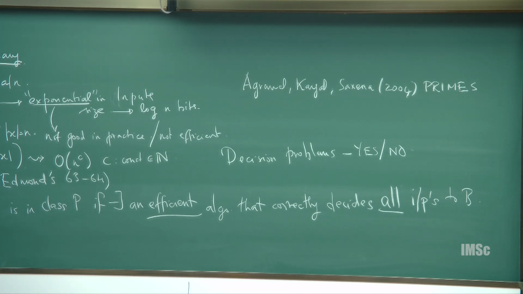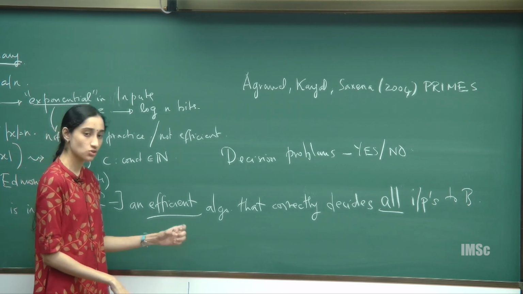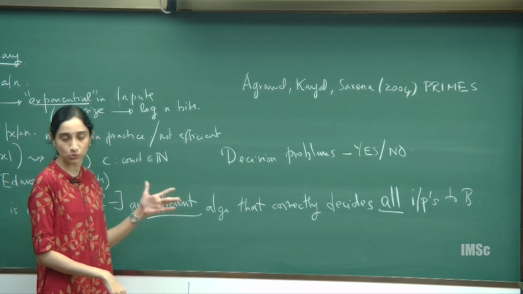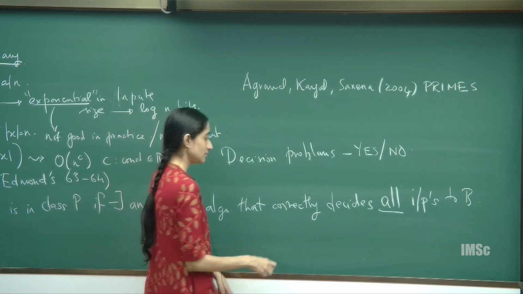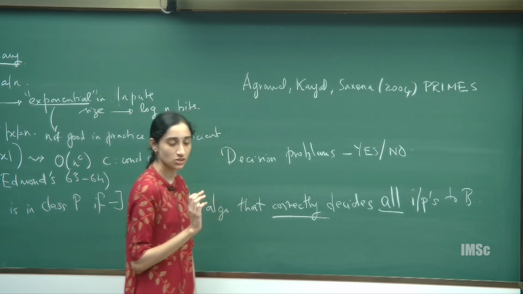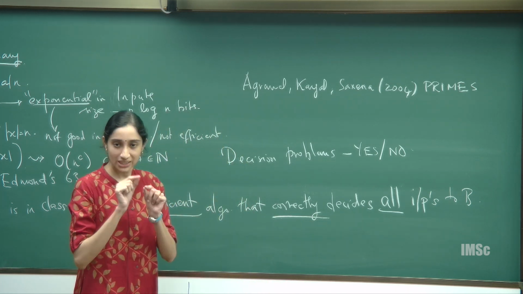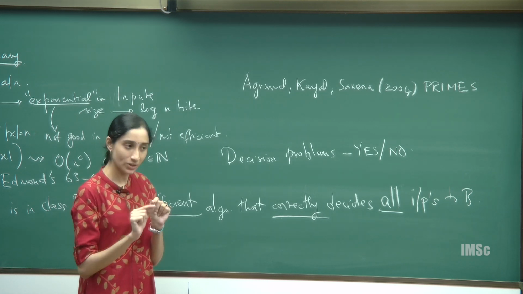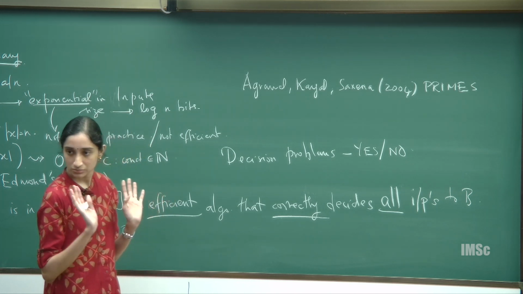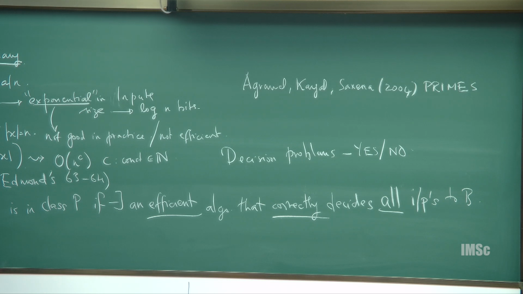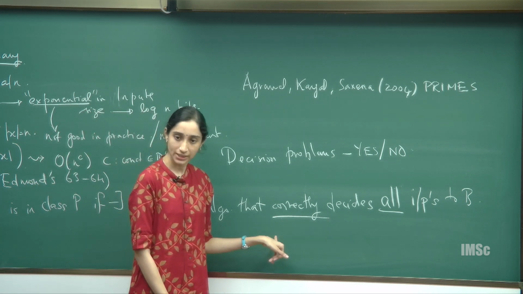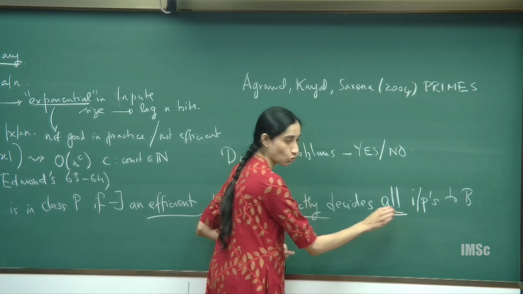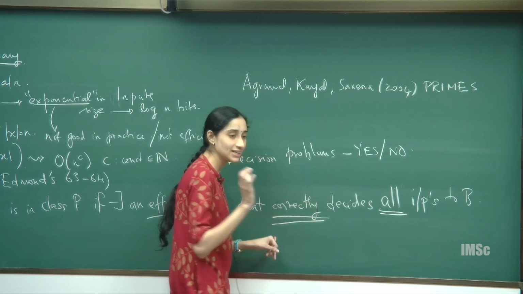You put a decision problem inside P if there exists an efficient algorithm, so the algorithm has to have running time polynomial in the input size, that correctly decides all inputs to the problem. If I give you a yes instance, this algorithm has to say yes. If I give you a no instance, it has to say no. For every input that I give, my algorithm should give the right answer, and it should run in polynomial time.